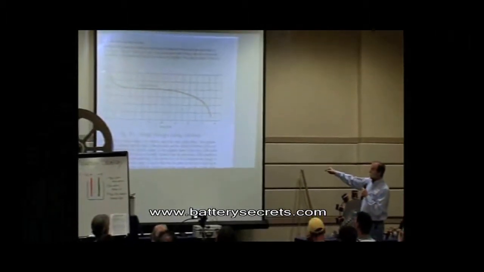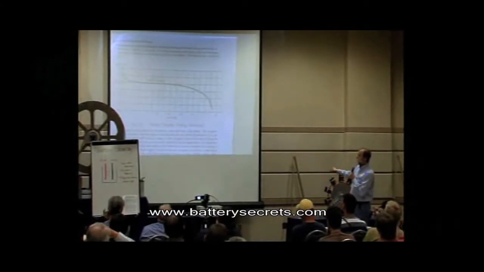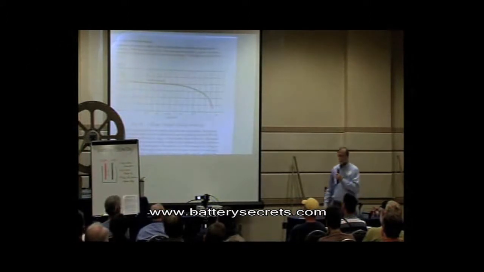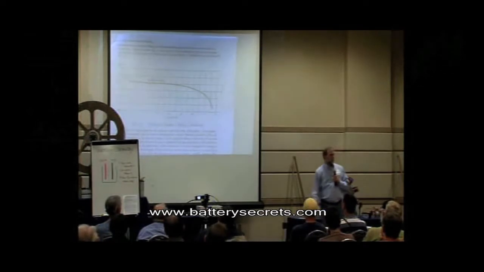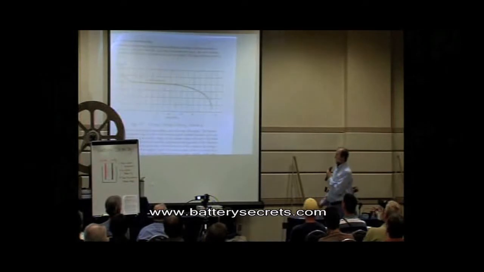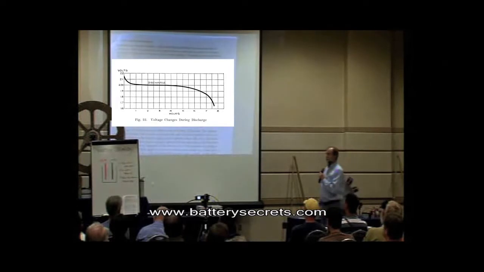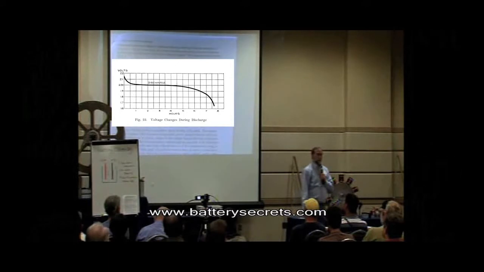So this is the voltage, and this is the number of hours it's operating. And so this has within it a specific discharge rate of amps over hours. Okay. So what's happening is this. We can see that the plateau of this discharge is right around 2 volts, and this is the typical behavior of a lead acid battery.